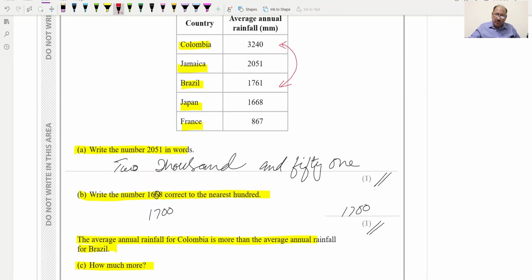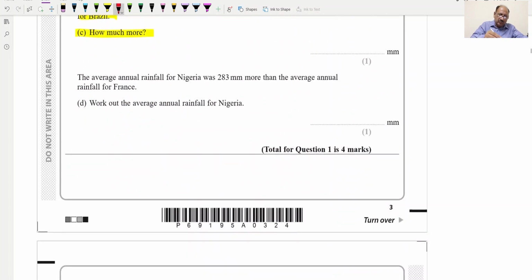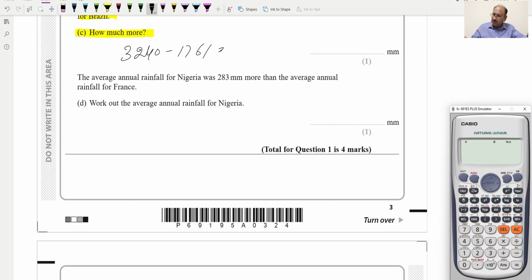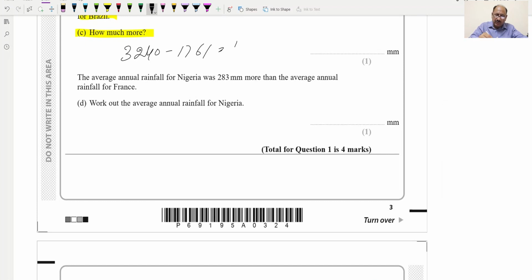So 3240 minus 1761. This is what we will be checking with the calculator. 3240 minus 1761 will be equal to 1479. This will be the difference: 1479 millimeters.